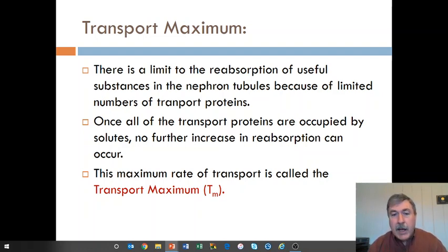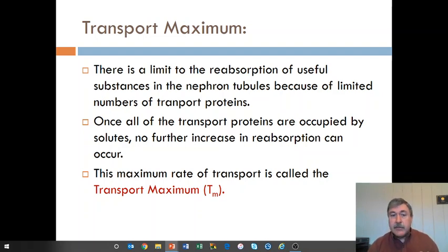If you get a really high concentration of glucose in the filtrate, then that's going to saturate all of those import proteins that are involved in the co-transport of glucose. And if all those transport proteins are occupied, then you're not going to be able to get any further increase in reabsorption because they can't move across the luminal membrane just by simple diffusion.